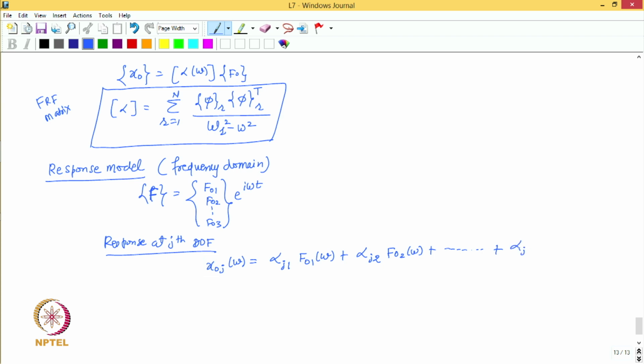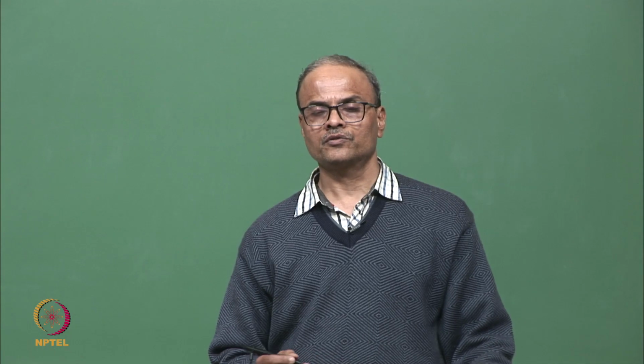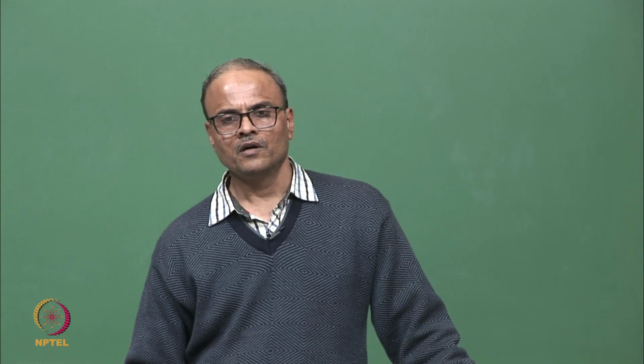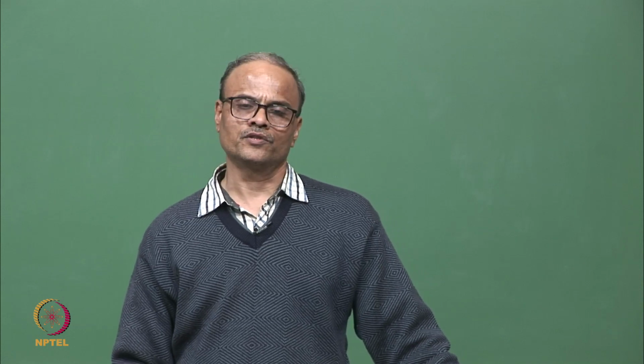So, let us say the response due to the force at the nth DOF would be alpha j n multiplied by f naught n omega. So, you can see in this manner, if I know these FRFs, then for the given excitation I can determine the response, and therefore the availability of FRFs also constitutes a model of the system.